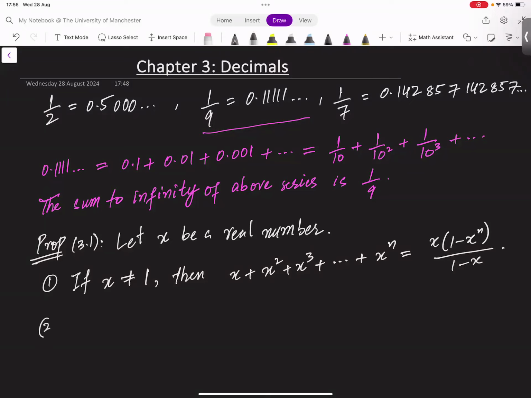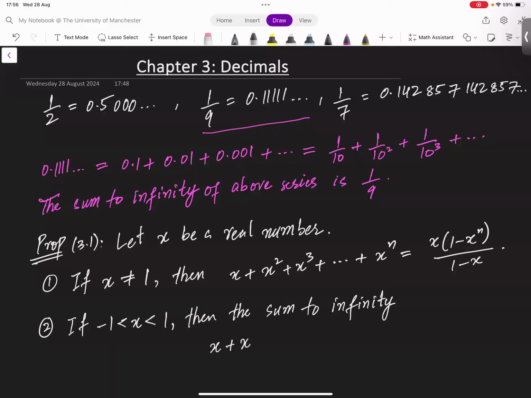Number 2: if -1 is less than x is less than 1, then the sum to infinity of the series x plus x squared and so on is nothing but x over 1 minus x.